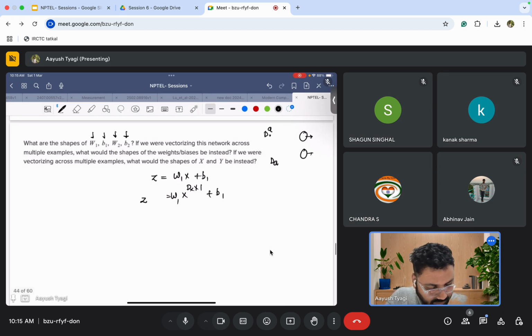So W1 can be dA comma dX, where dA is the number of neurons and dX is the number of data samples.